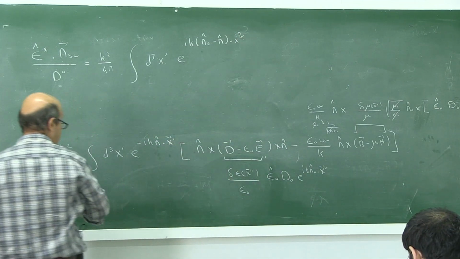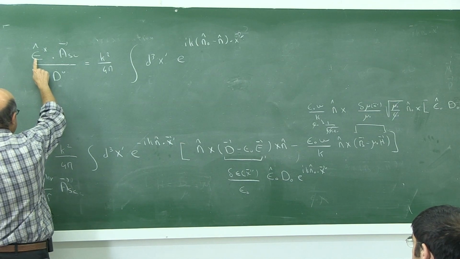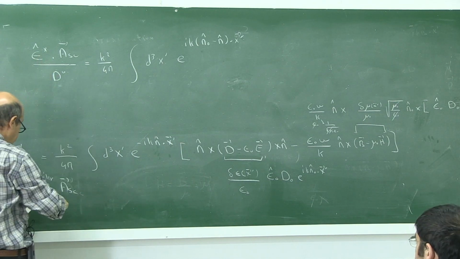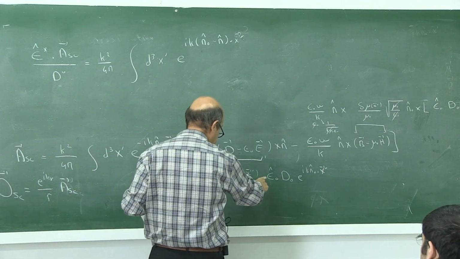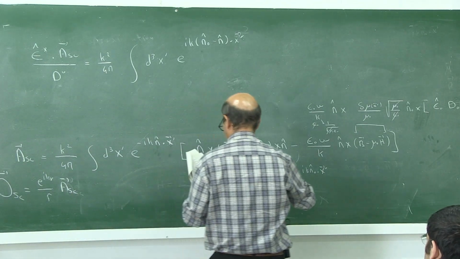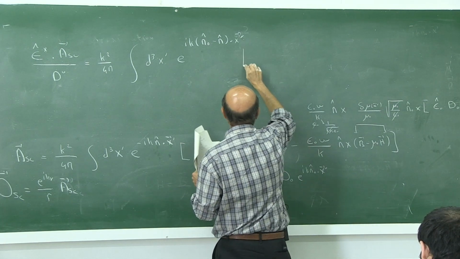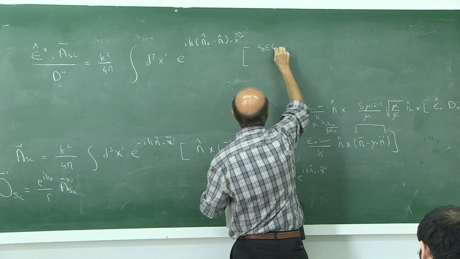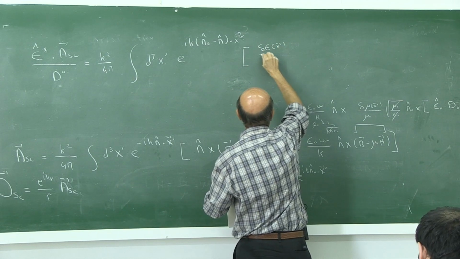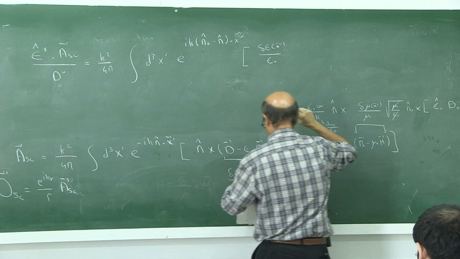And I need to calculate the epsilon complex conjugate dot A. In the first term, you have epsilon 0. So for the first term, you will have what? Variation in the dielectric constant over epsilon 0.